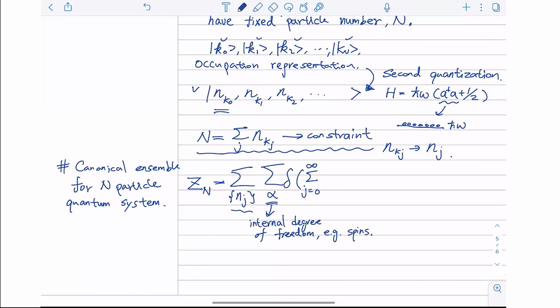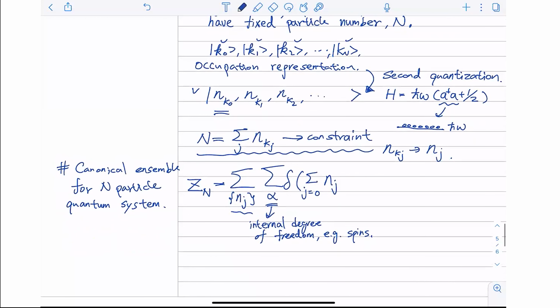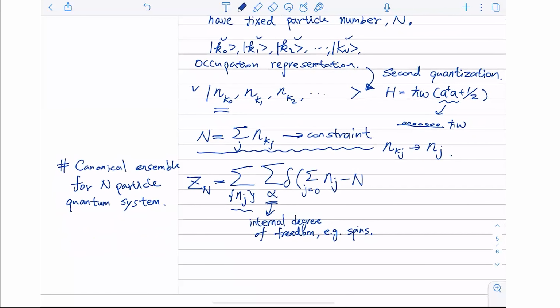Okay, and the constraint is that we sum over all the possible occupation numbers such that the summation of these occupation numbers is equal to the total particle number n. And then the Boltzmann factor is, as usual, minus beta times the total energy.